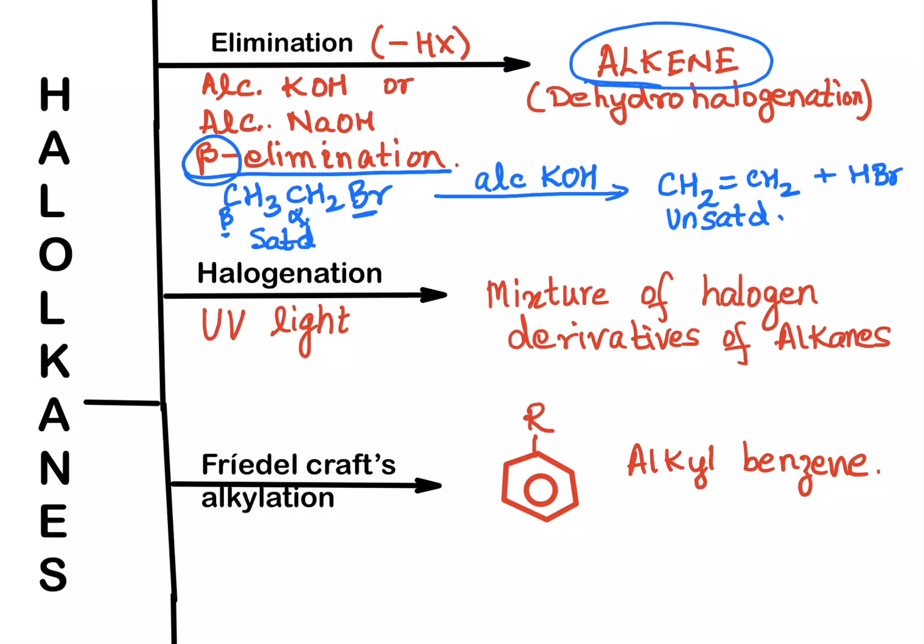Can you recall how do we convert an unsaturated to a saturated compound? How is this possible? No, this reaction is not reversible. Yes, we do it by addition reaction.